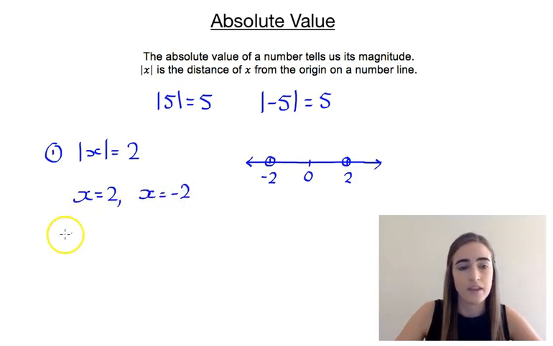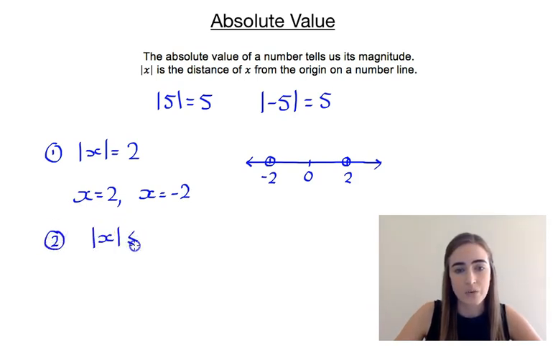If we have a look at an inequality, say the absolute value of x is less than or equal to 2, the distance from the origin has to be less than or equal to 2. So if we have a look at the number line that we've just drawn up, we know that minus 2 and 2 are exactly 2 units away, so they're going to be part of our solution because it was less than or equal to. So we'll colour those circles in.